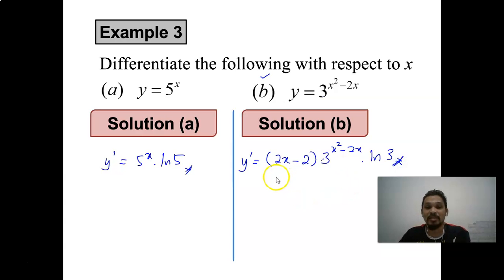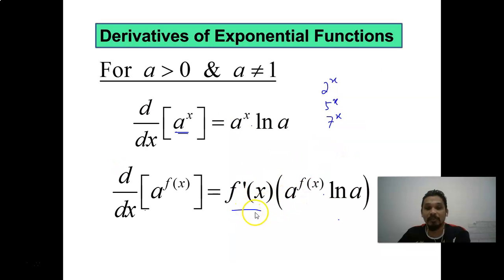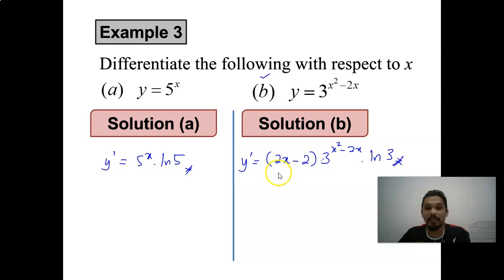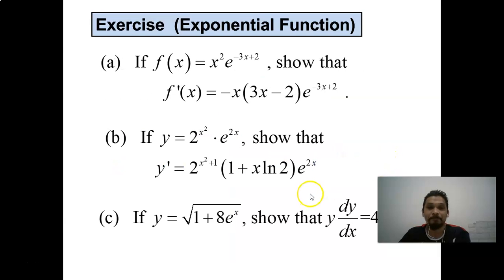Okay, so you can see here now, this is equal to f prime x, then 3 to the power of f(x) multiplied with natural log of 3.